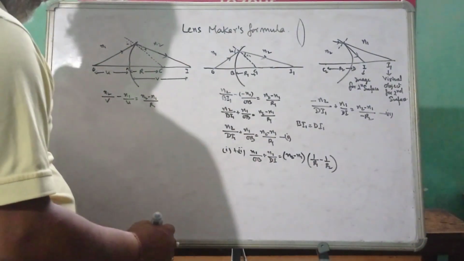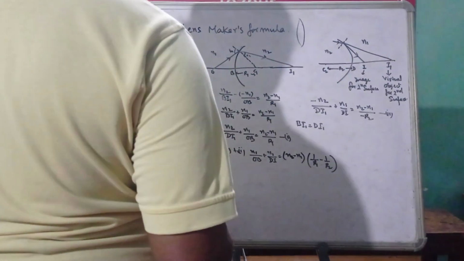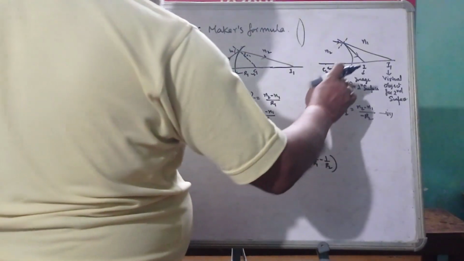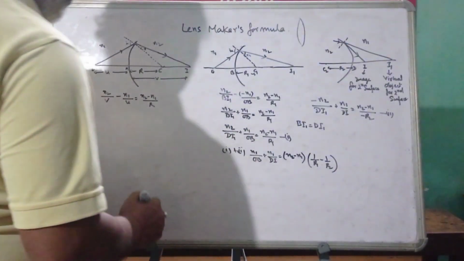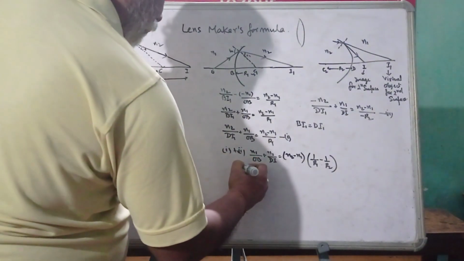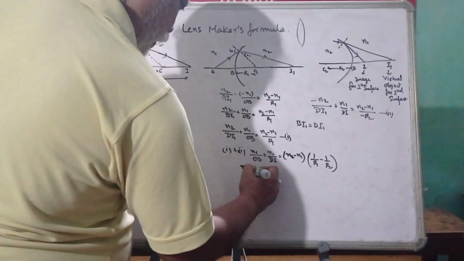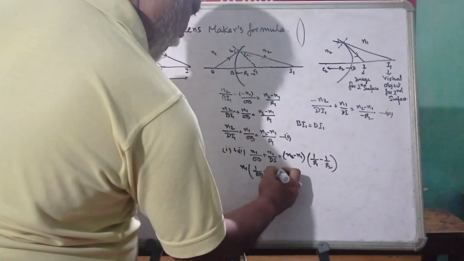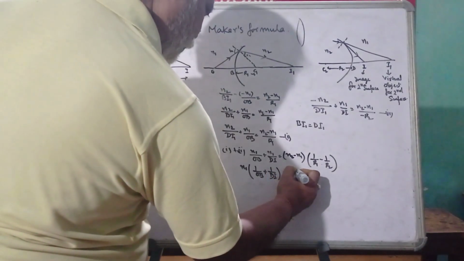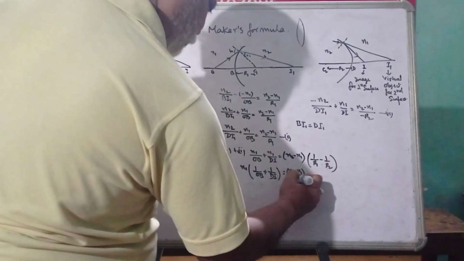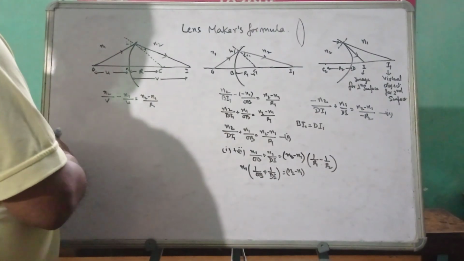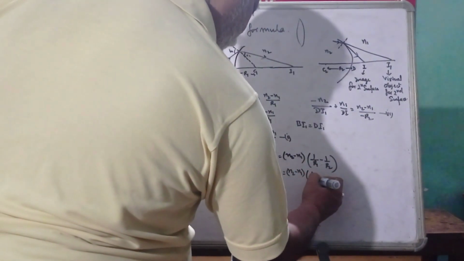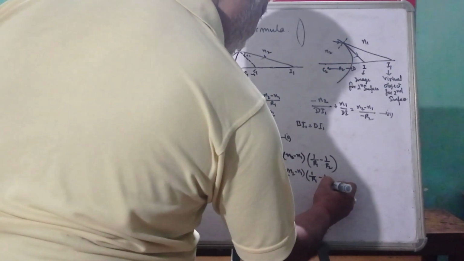Now we know that DI is the image distance and OB is the object distance. N1 is common, so 1 by OB plus 1 by DI is equal to N2 minus N1 times 1 by R1 minus 1 by R2.